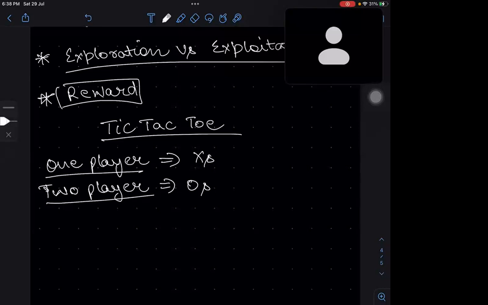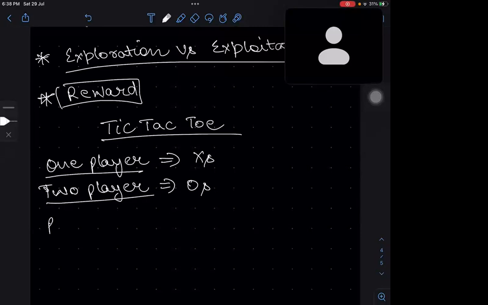The players take turns alternately. Whoever finds a way horizontally, vertically, or diagonally wins. That is basically tic-tac-toe. Now, how are we going to do that with RL?